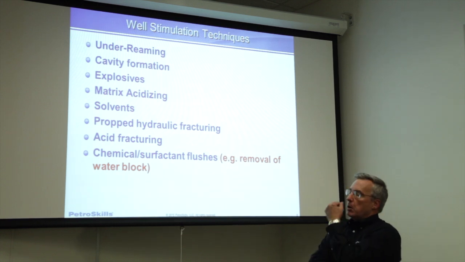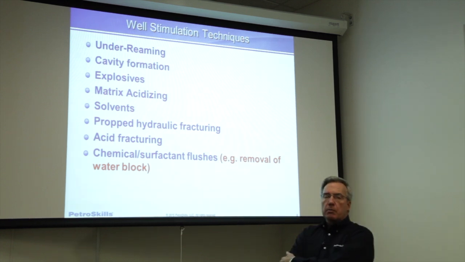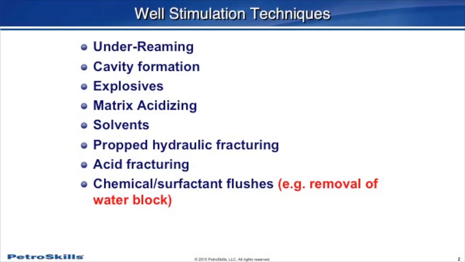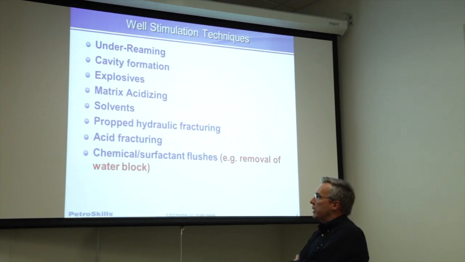So this is a nice list of all our completion methodologies. Sometimes we underream wells, and we'll intentionally create cavities in our formations. Even explosives have been tried, not very effectively. Matrix acidizing is very effective, particularly in carbonates, but also used in sandstones, and that's what we'll be talking about in a little bit.